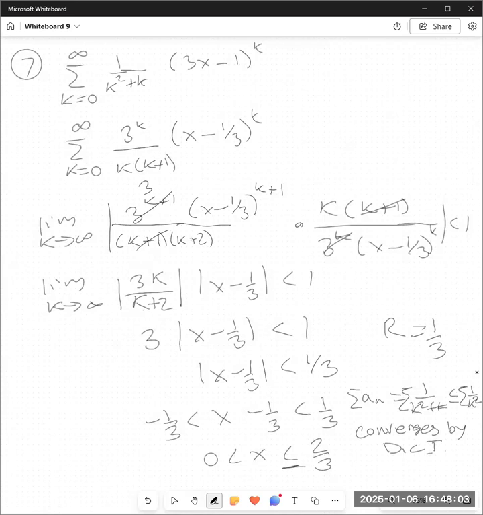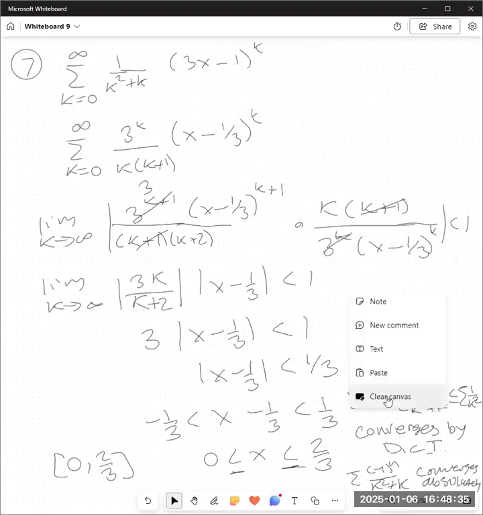So if this side converges absolutely, that negative 1 to the n over k squared plus k converges absolutely, because we just found out that its absolute value converges. So our interval of convergence is 0 to 2/3, closed on both sides.